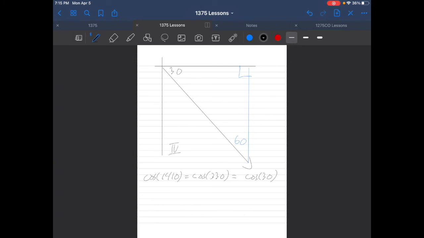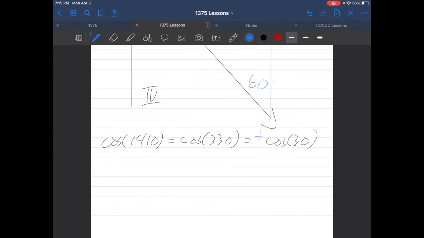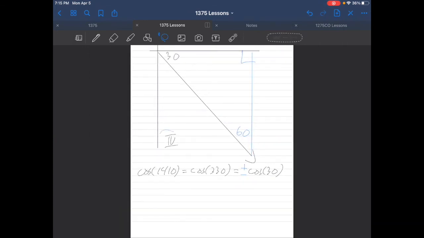And since this is in the 4th quadrant, this cosine of 30 is either positive or negative. In the 4th quadrant, the cosine function is positive, right? If this was any other trig function, sine or tangent, it would be negative.